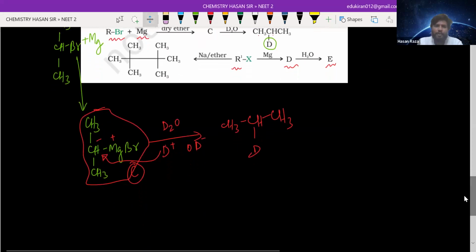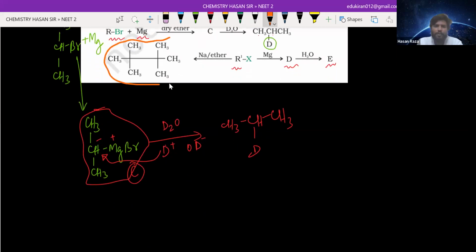So this is your scenario and you are getting it from sodium and ether with alkyl halide. That means this reaction must be Wurtz reaction. Yes or no? In Wurtz reaction, what happens? Whatever you take, it becomes double. So what I'm going to do, just break this into parts.